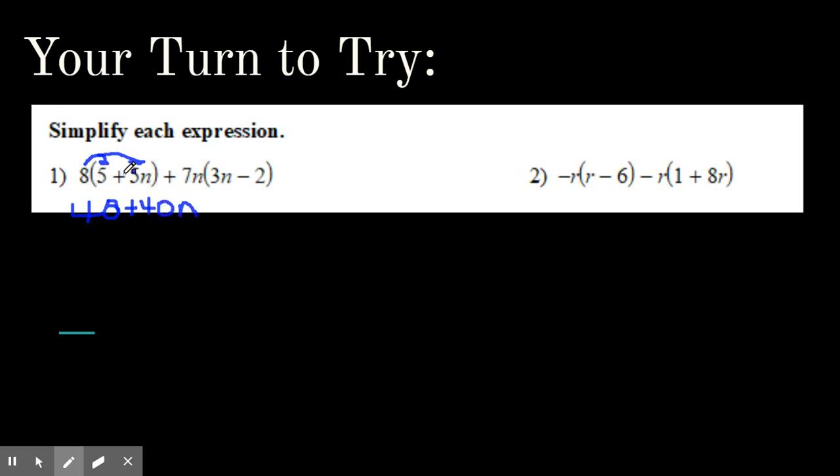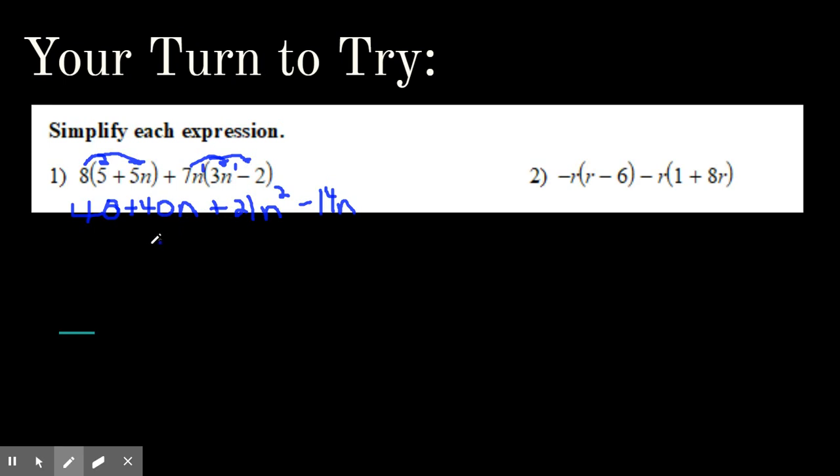And that takes care of the first set of parentheses. Now to look at the second one, we have 7n times 3n. Now we multiply the variables just like we just practiced, which becomes 21, 7 times 3, n squared minus 14n.